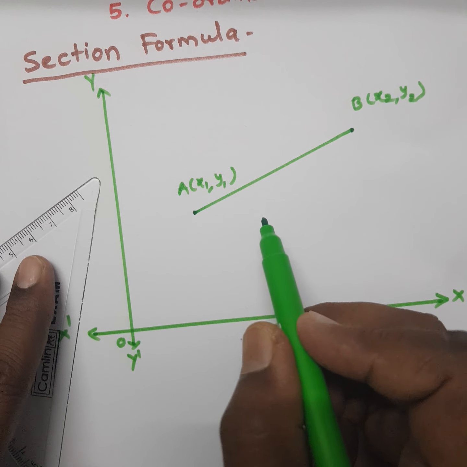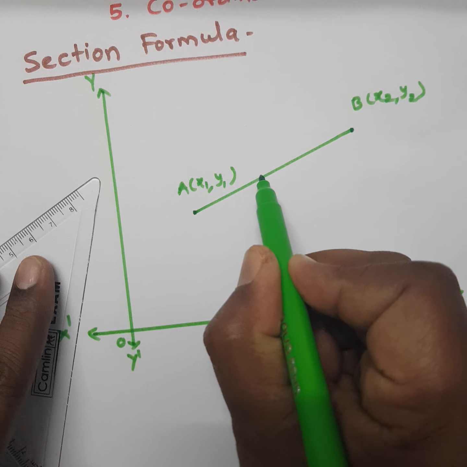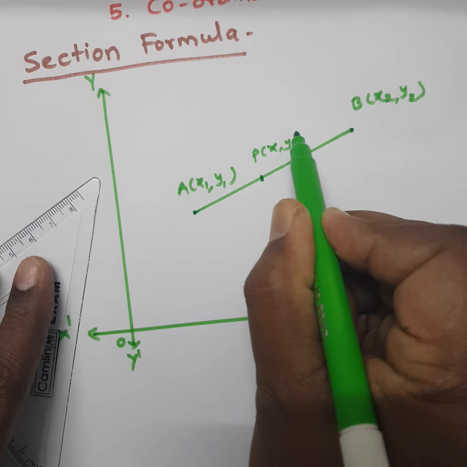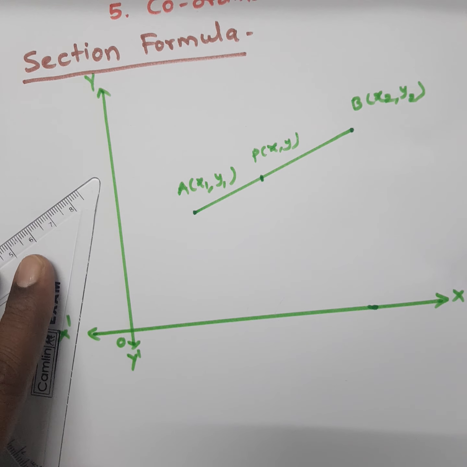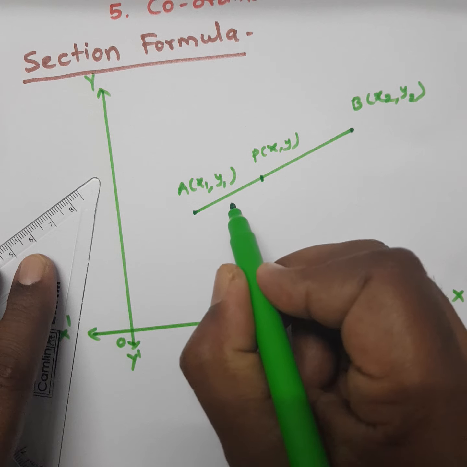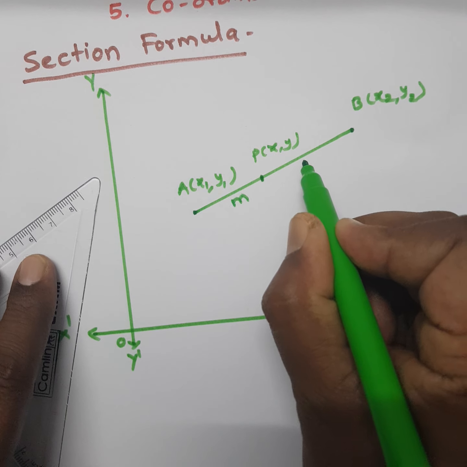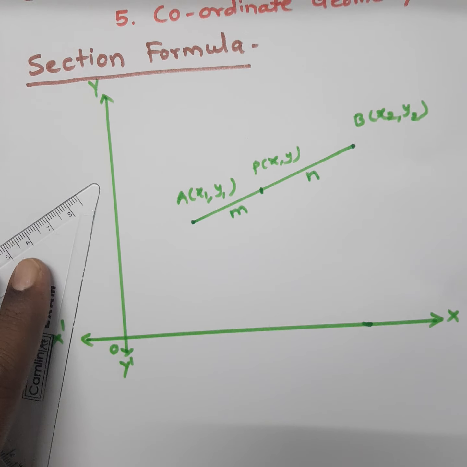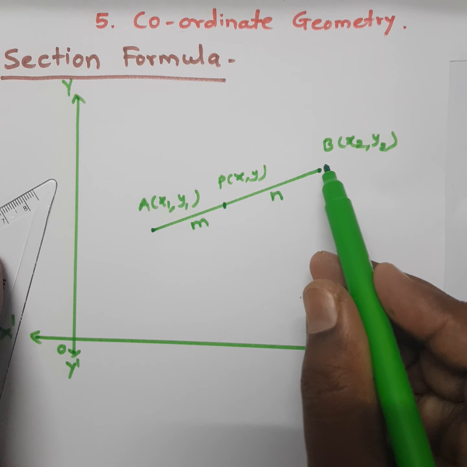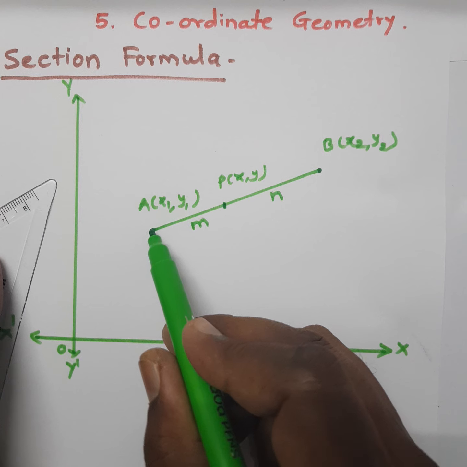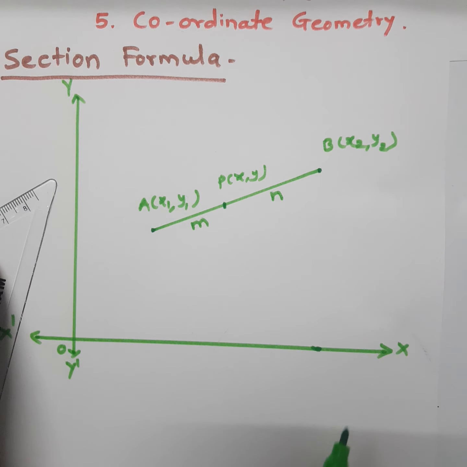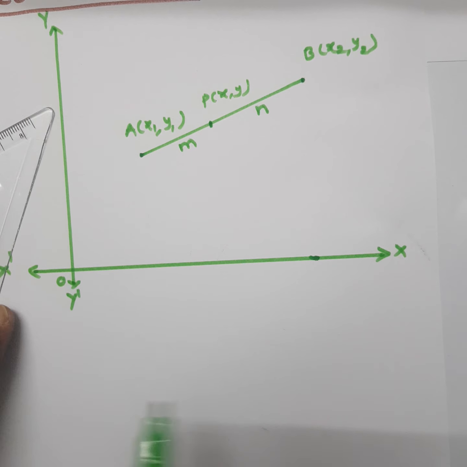Suppose there is a point P having coordinates x and y, which divides segment AB in the ratio m is to n. Segment AB is a segment joining the two points A (x1, y1) and B (x2, y2).